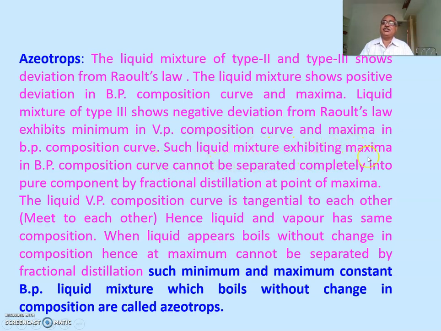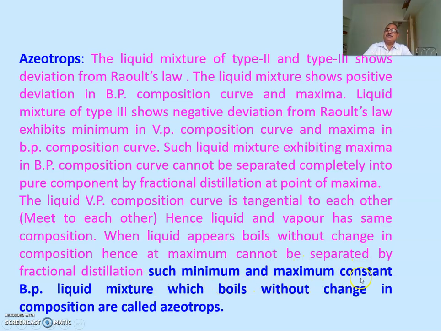Such a mixture cannot be completely separated into pure components by fractional distillation at the point of maxima, because the liquid and vapor curves are tangential and meet at point D. Hence the liquid and vapor have the same composition, the liquid boils without change in composition, and it cannot be separated by fractional distillation.